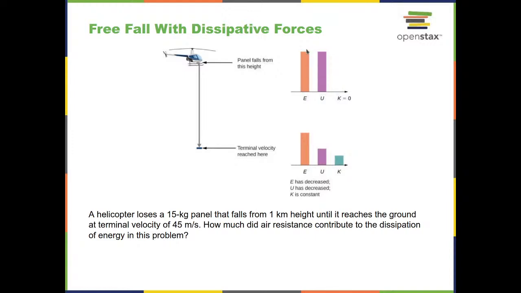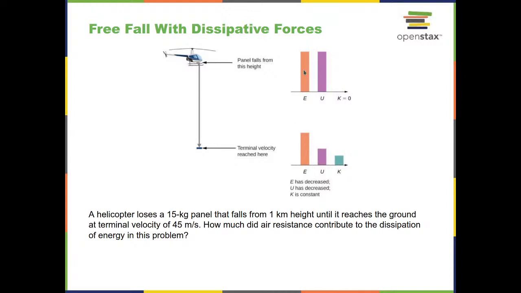And so what we'll see is, in this case, the energy. Unfortunately, these charts or graphs are now shown one above each other instead of next to each other. But you can see that the total height of the E bar, the total mechanical energy, is lower at this point than it is at this point.